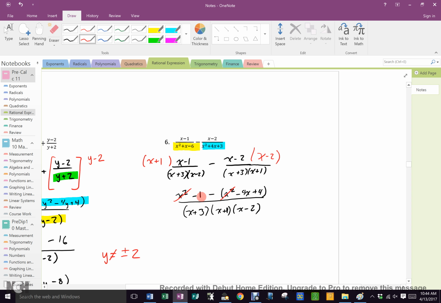What's negative 1 minus 4? Negative 1 minus 4. I'll say it again. What's negative 1 minus 4? Negative 5. That took a little longer than I would have expected for 11th graders.